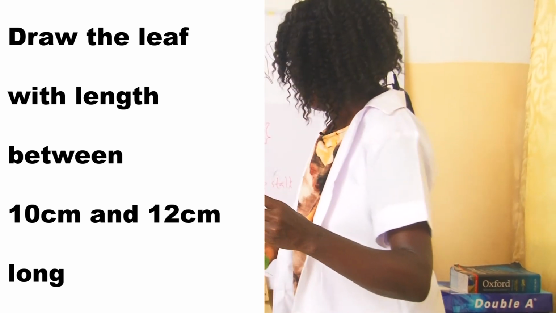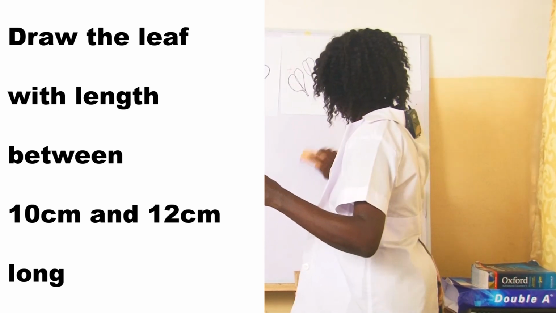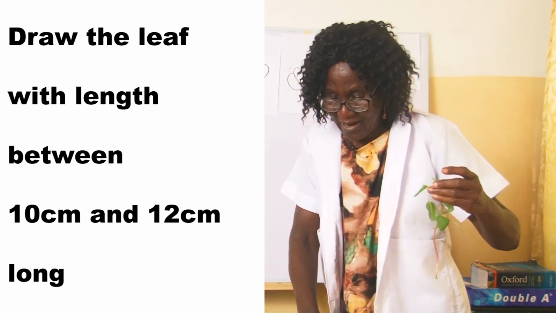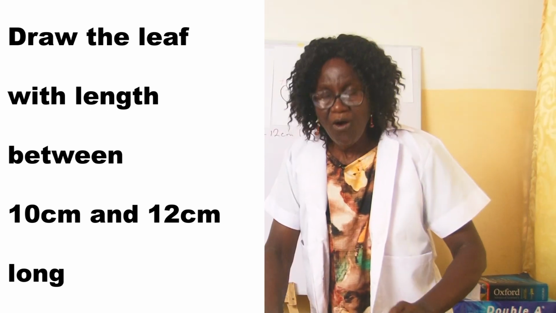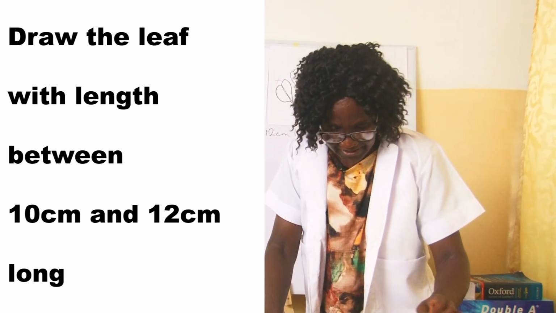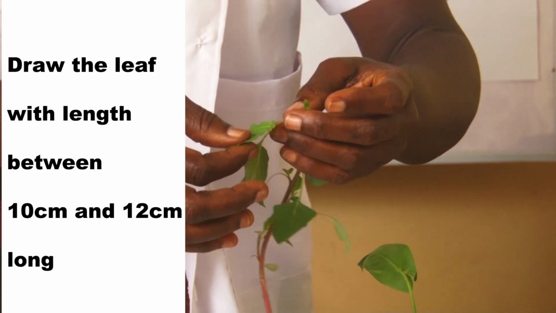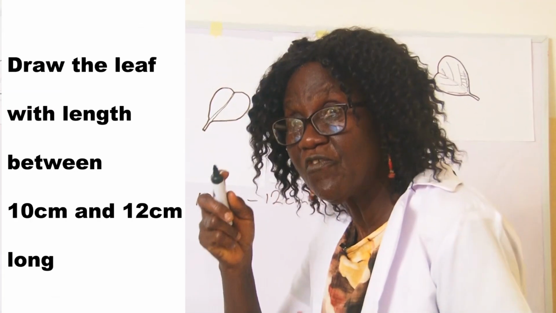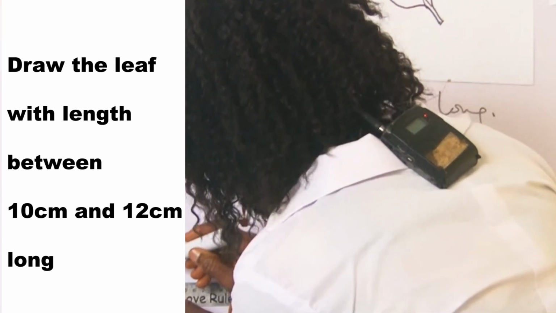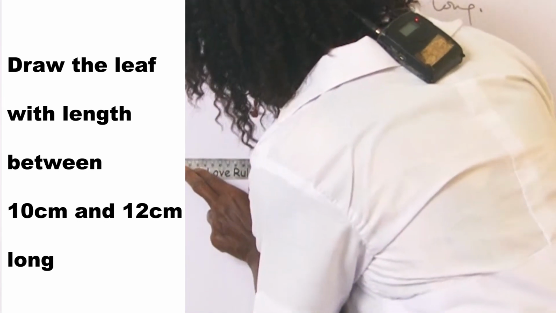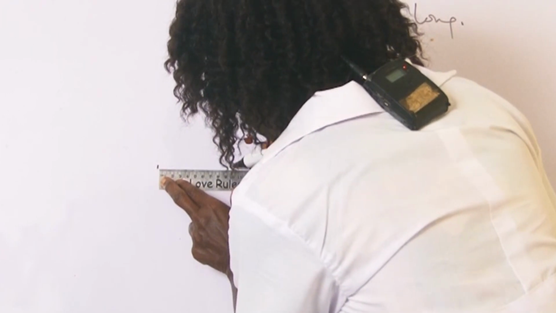Let me use this board to try to explain. It would also be good on paper, but let's imagine that this whole board is our paper. Now, how do you work your magnification into your drawing? On your sheet of paper, you take your ruler and you mark quietly, small, somewhere where 12 centimeters is and where 10 centimeters is.